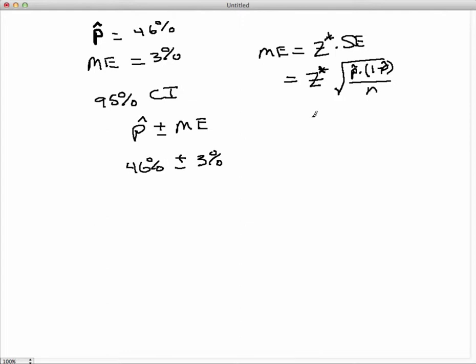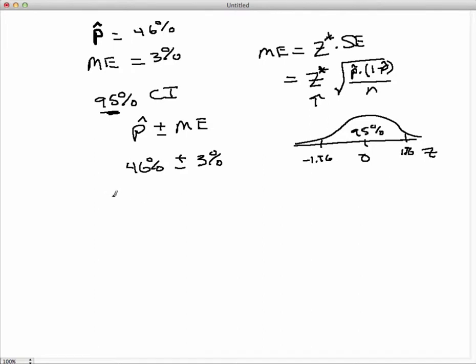We have to use our sample value in calculating that standard error, but provided that the sample size is large enough, that's a pretty good guess of what the standard error is. Remember that z star is determined by the level of confidence. The 95% told us that we're working in the standard normal distribution Z, so we're going to be at negative 1.96 and up here at positive 1.96, basically 2 standard deviations either above or below the mean. Just our empirical rule one more time.